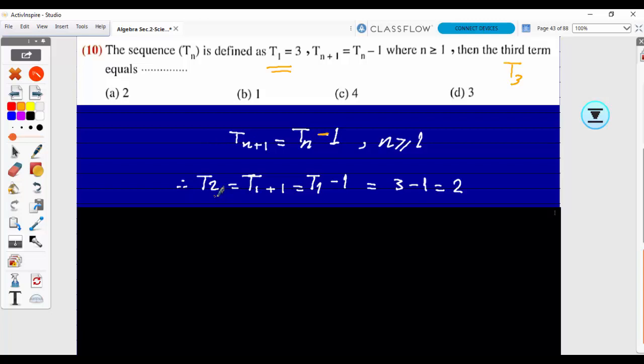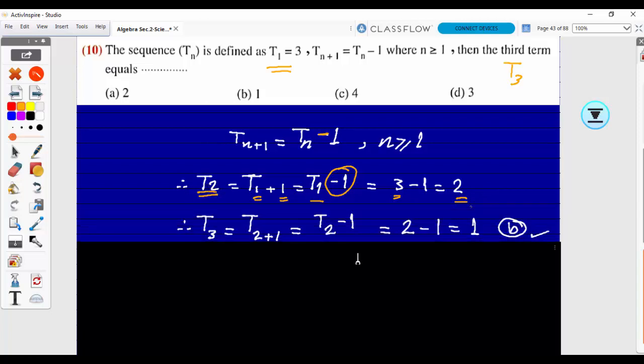I'll write 2 in the form 1 plus 1, which equals, according to the definition, T1 minus 1. What's the value of T1? T1 is 3. Minus 1, the result equals 2. So we get T2 equals 2.